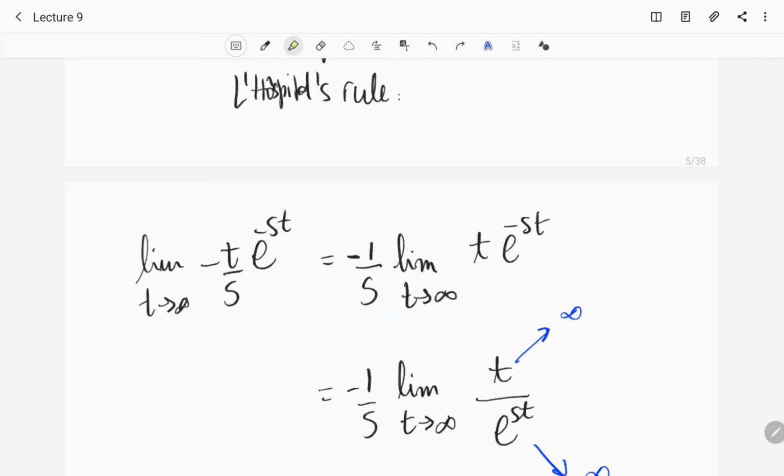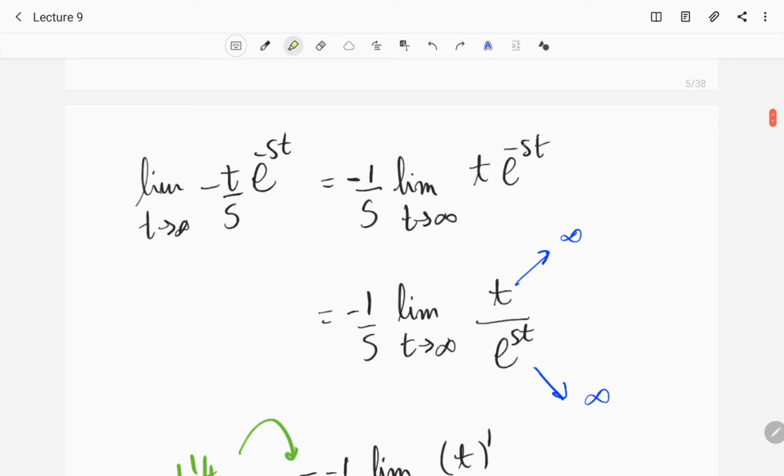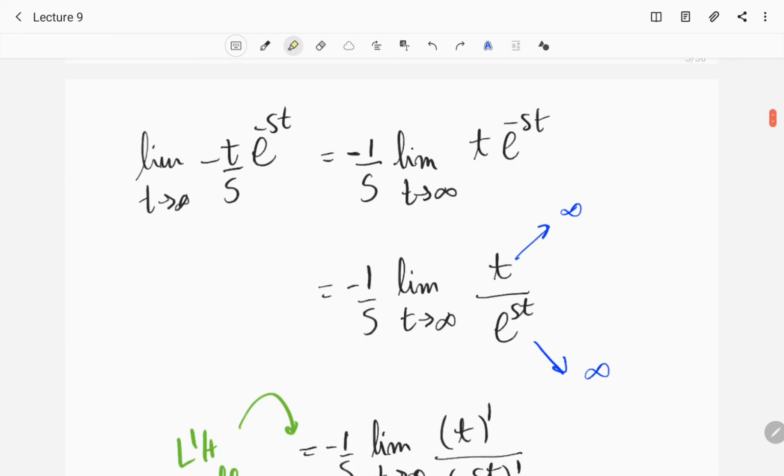To check that we can use L'Hopital's rule, we can rewrite this expression, because this minus means exactly that we can put the exponential in here. And then we have this indetermination, right? When t goes to infinity, this goes clearly to infinity, and also this piece. Here we are also using that s is positive, okay?